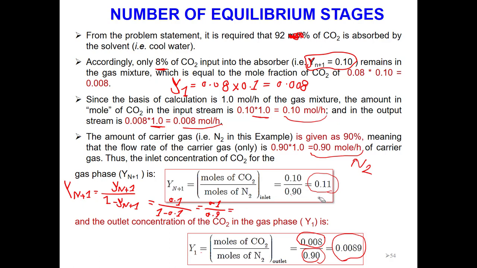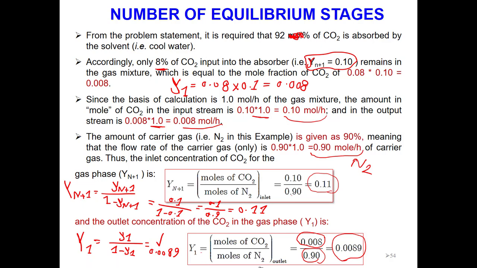That gives you exactly this value, 0.011. For capital Y1, you can also use this equation, lowercase y over 1 minus lowercase y. That will give you exactly the same value, 0.0089. So this is another method that you can use.